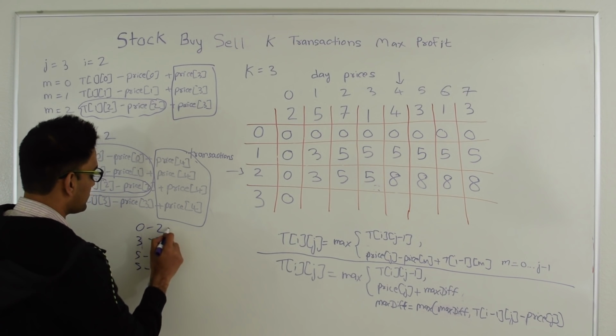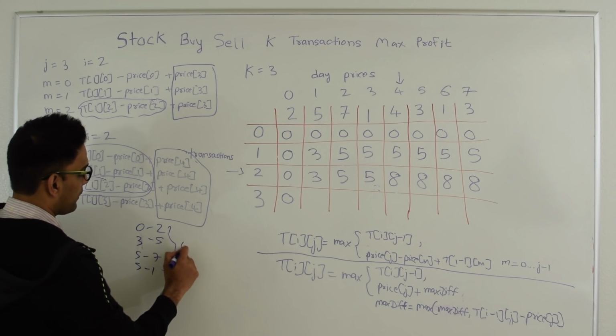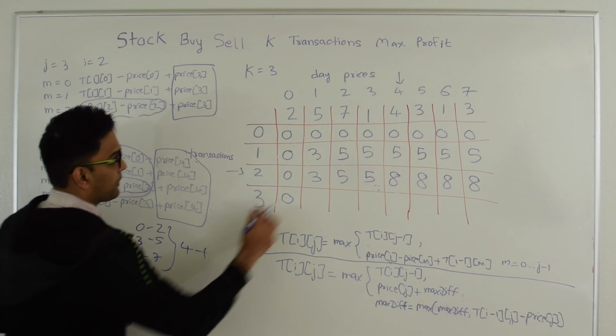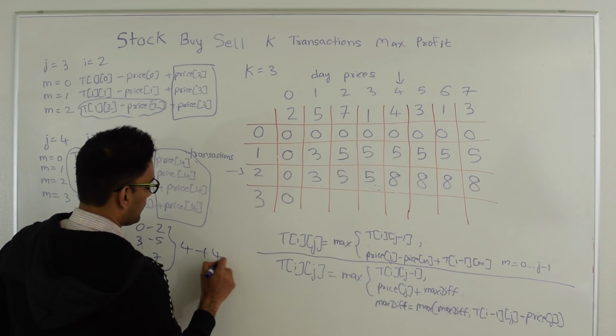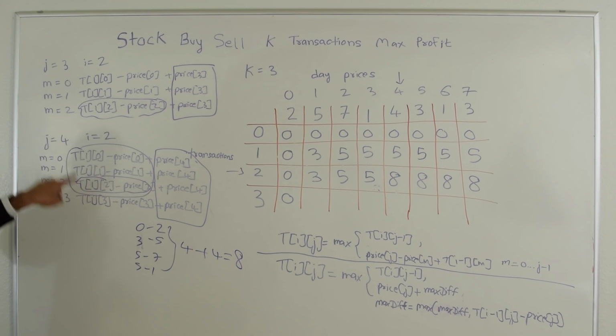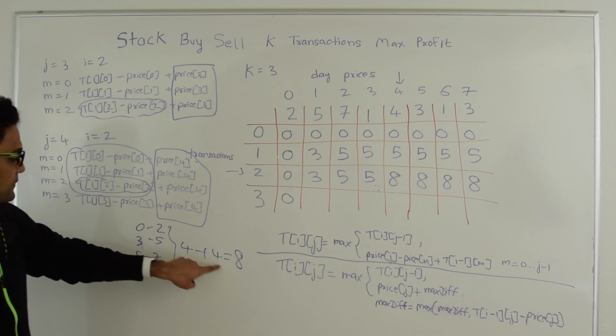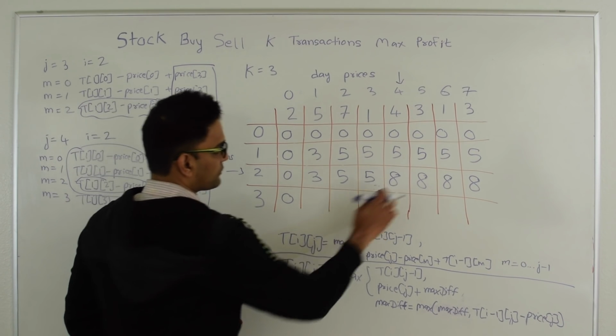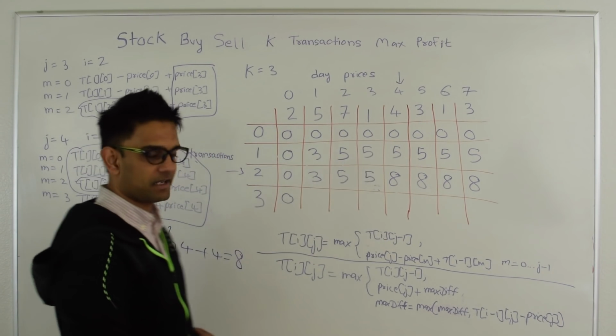So max of this, which is 4, this 5 minus 1, plus price of j, which is 4, is also 8. So again, max of these, plus price of 4, which is 4, is 8, which is what we got last time as well.